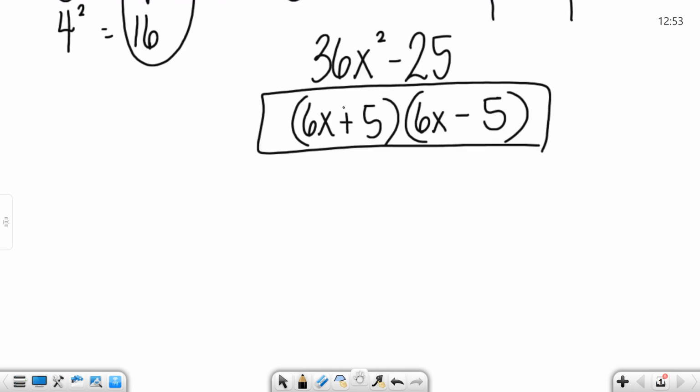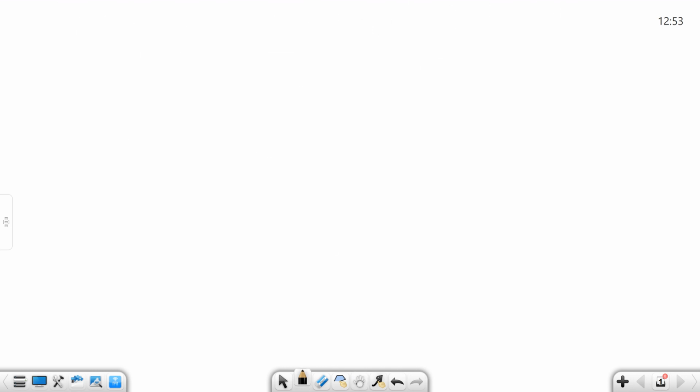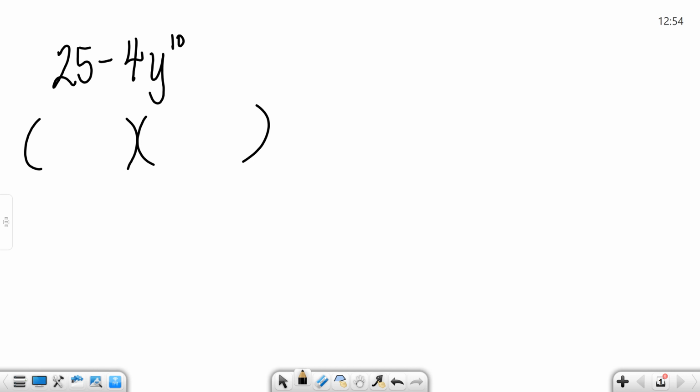Let's do a few more. I have, let's change that from a square to let's make it a 10. All right, these are perfect squares, and it is the difference.